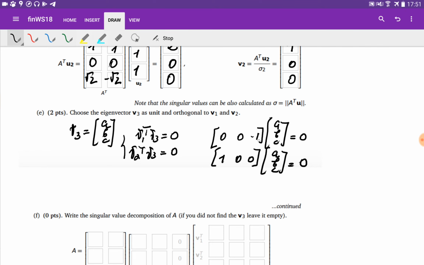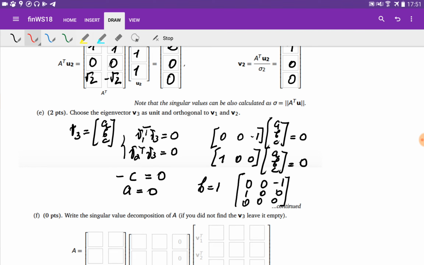So what we've got is the equation minus c is equal to 0 from the first equation, and a is equal to 0 from the second equation. So we need to set the free variable b to be equal to 1. Basically, we can write down this equation in matrix form. It is going to be [0, 0, -1; 1, 0, 0; 0, 0, 0].